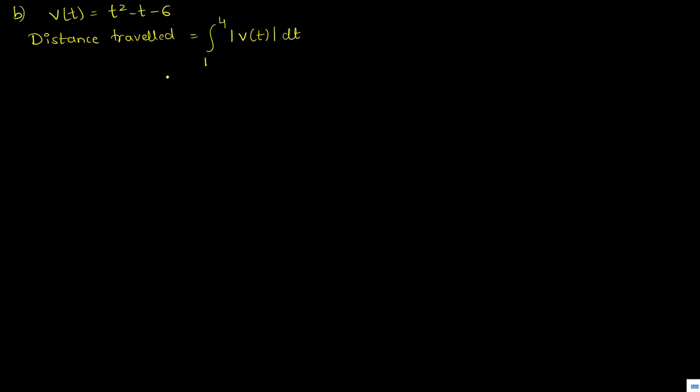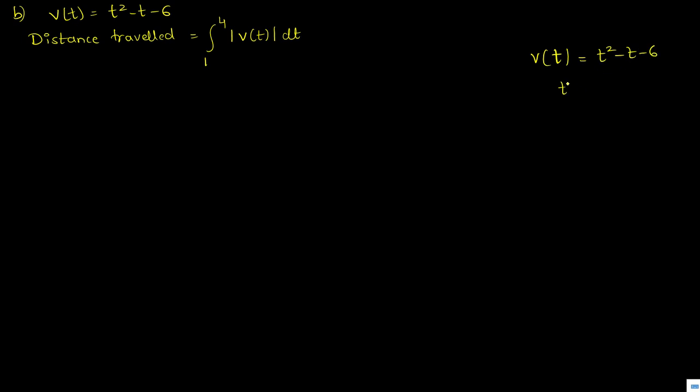For that, we need to factorize this function. Always, to find the distance traveled, we need to factorize the velocity function. The velocity function is t squared minus t minus 6.